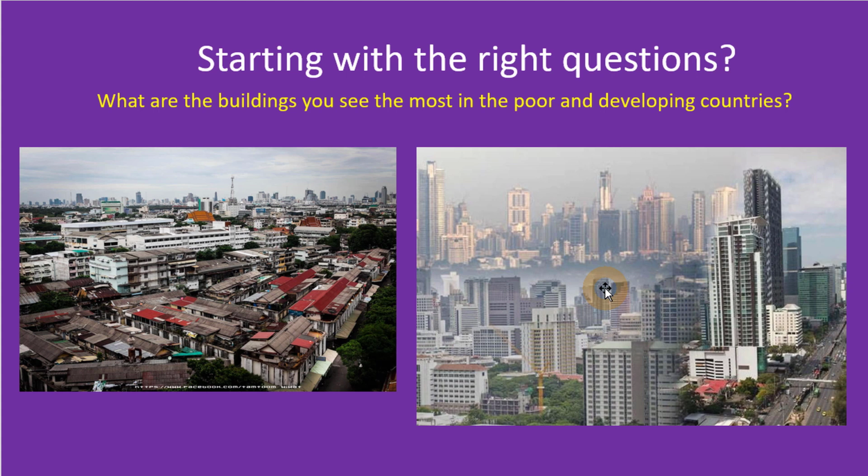But mostly, if you go to Thailand, you will see buildings like the picture on the left. The construction companies who build these kinds of buildings don't have much money to spend on very expensive software.